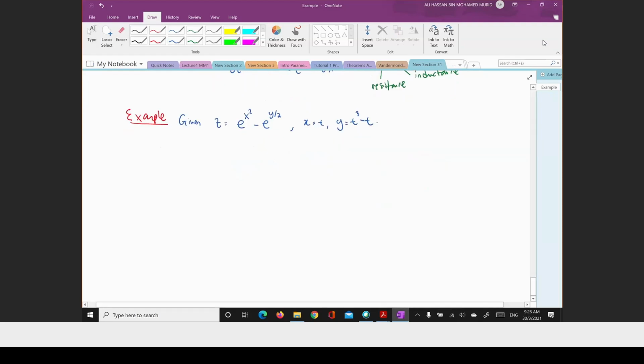So determine dz/dt at t equal to minus 1 using partial derivatives.